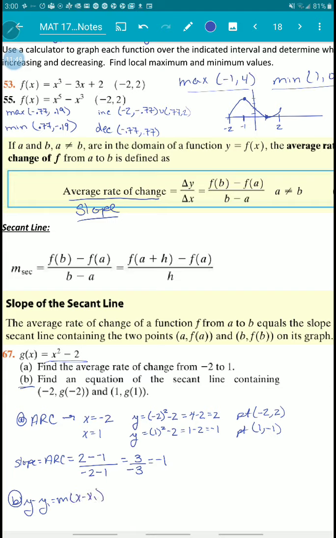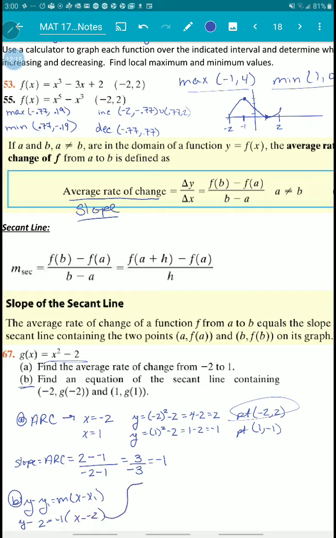We can use point slope formula to do that. So we're really seeing things from that last chapter starting to tie in. Some of those things from way back in the day. So we have y minus, it does not matter which point you use, I'm going to use that first one. So y minus 2 equals -1 times x minus -2.